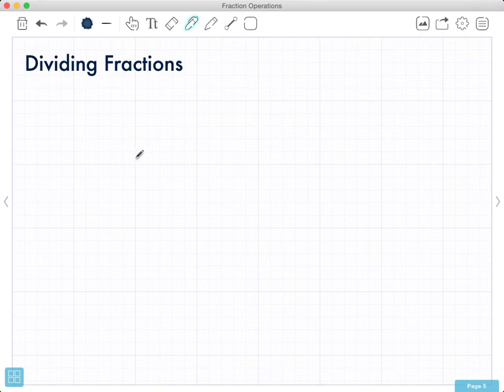When you're dividing fractions, let's take, say, 3/5 divided by 1/7. Again, you do not need to have a common denominator to divide fractions. To divide fractions, you invert and multiply. I'm going to write that down here.